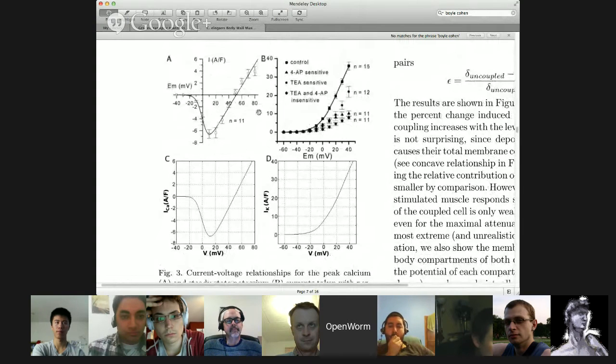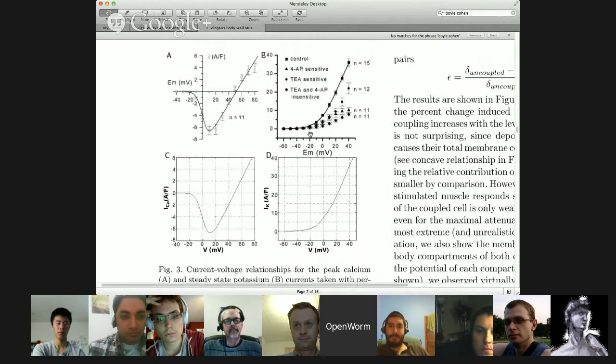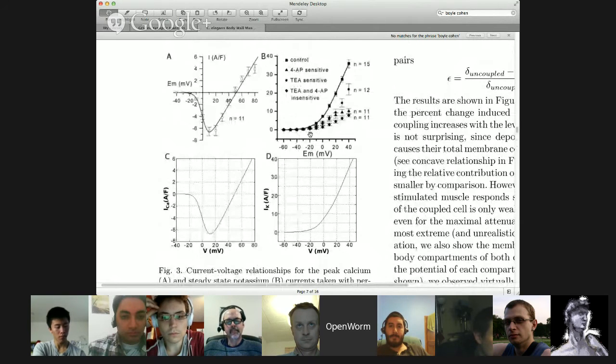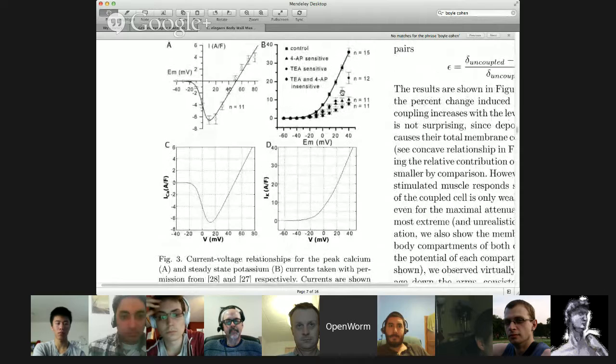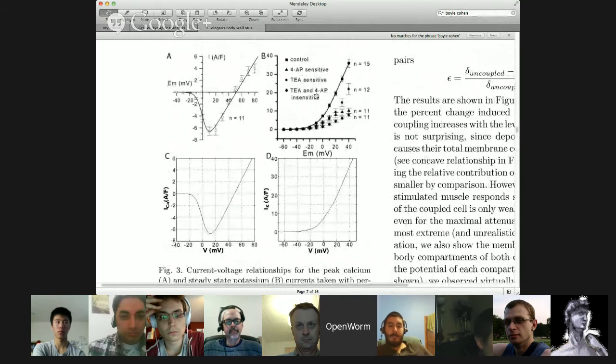The A current voltage relationship is for the calcium channel within the muscle model, and the one in B is, I guess, for all potassium, which merges the K fast and the K slow into a single graph.